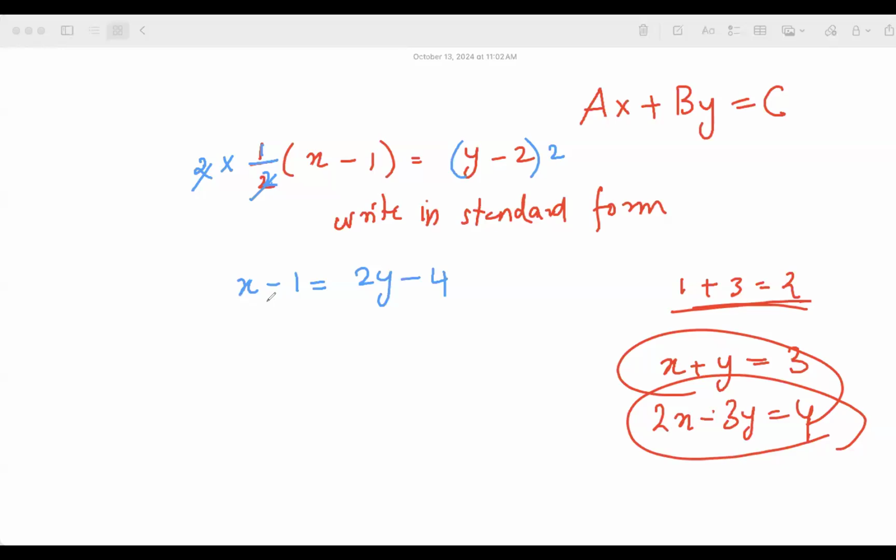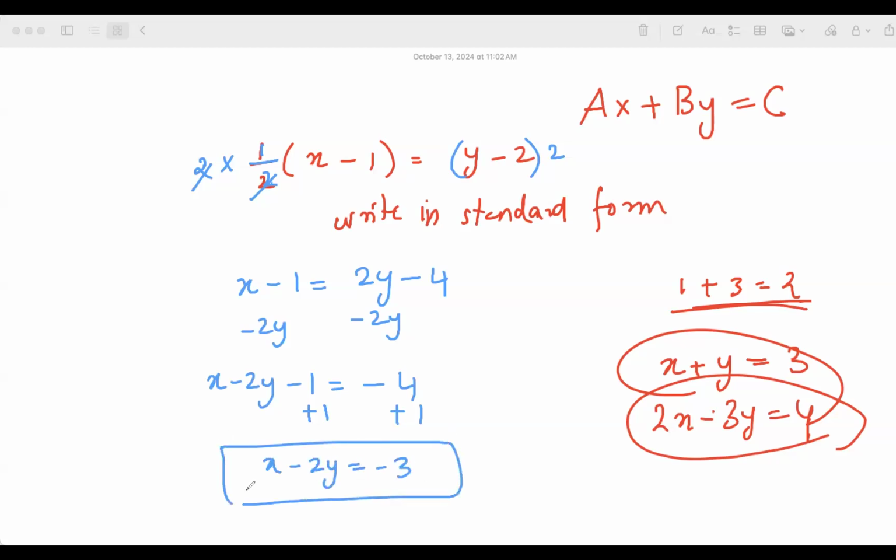Now, I want x and y on one side. So minus 2y, minus 2y, I will write x minus 2y minus 1 equal to minus 4. Plus 1 becomes x minus 2y equal to minus 3. That's all. Vinisha, am I clear? Yeah. Akshada, did you get it? Yeah.